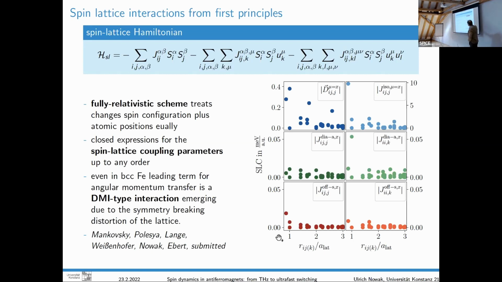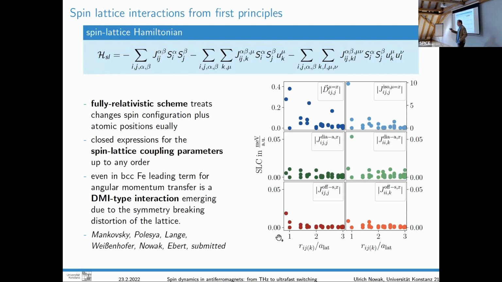Okay, but this one here does not transfer angular momentum. It would transfer energy. You could say it's a magneto-volume effect, but since Heisenberg exchange is isotropic, it does not transfer angular momentum to the lattice. The leading part that transfers angular momentum is this here, and that is the antisymmetric off-diagonal part.